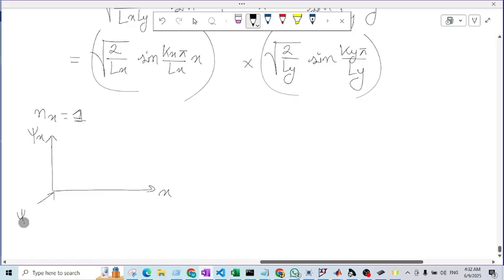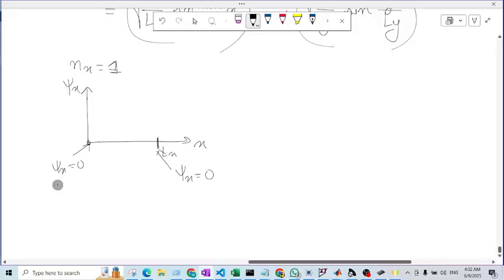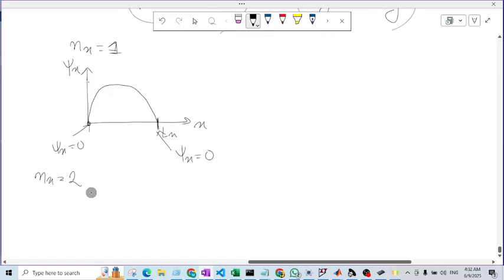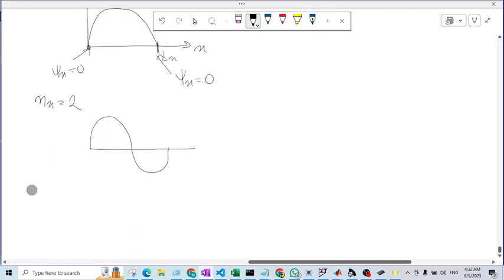Here psi x is always equal to 0, and at Lx, psi x is also always equal to 0, right? At this point and this point, psi x is always equal to 0. And so when nx is equal to 1, I will get a psi x like this, and when nx is equal to 2, I will get psi x like this, and when nx is equal to 3, I will get psi x like this.